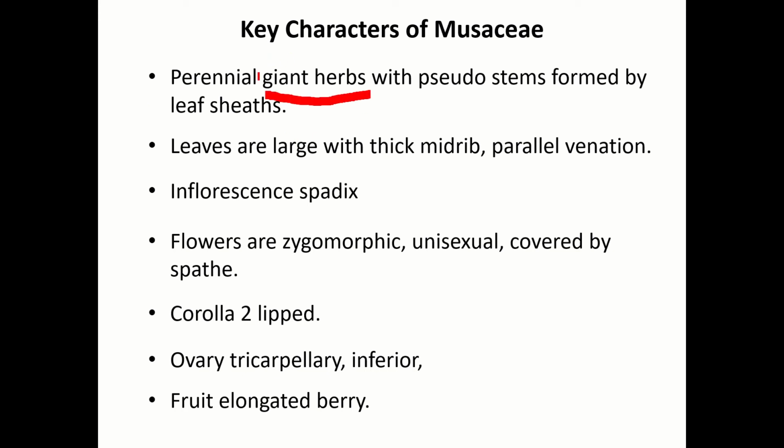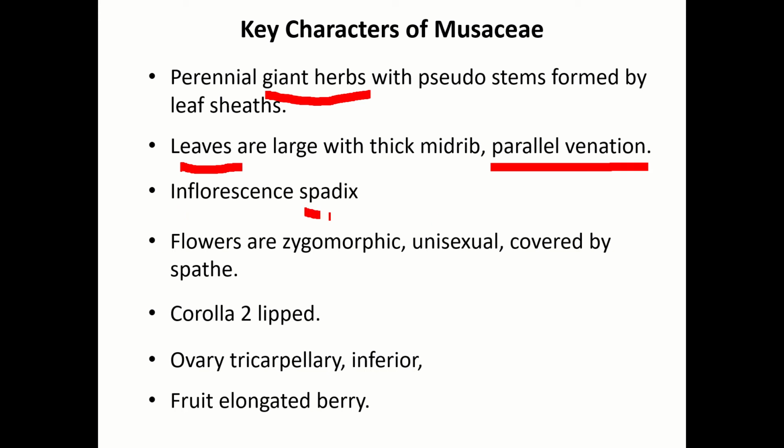Why giant? Because these plants often rise up to 5 meters in height with pseudostems formed by leaf sheaths. The leaves are large with thick midrib and parallel venation. This is an important character of monocotyledonous leaves, right? Parallel venation.